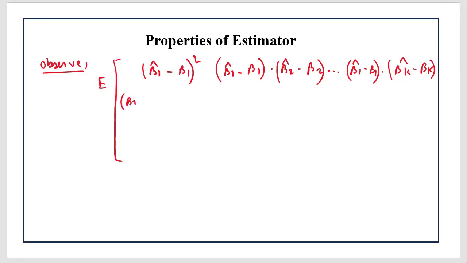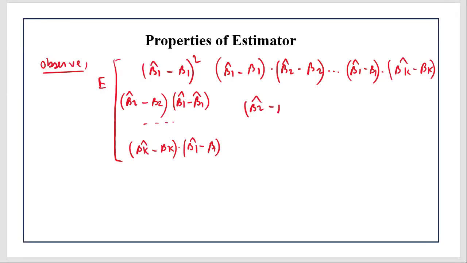The second row will start like this: beta 2 cap minus beta 2, then beta 1 cap minus beta 1, all the way up to the final term, beta k cap minus beta k, beta 1 cap minus beta 1. The second term will be simply beta 2 cap minus beta 2 whole square.